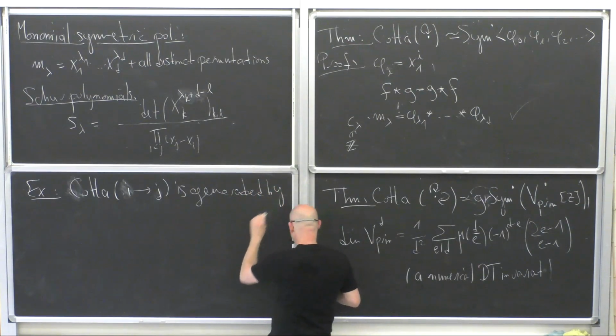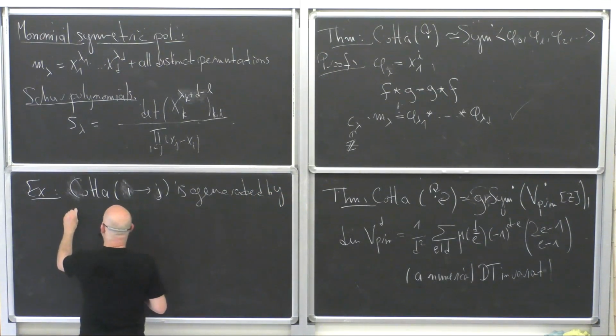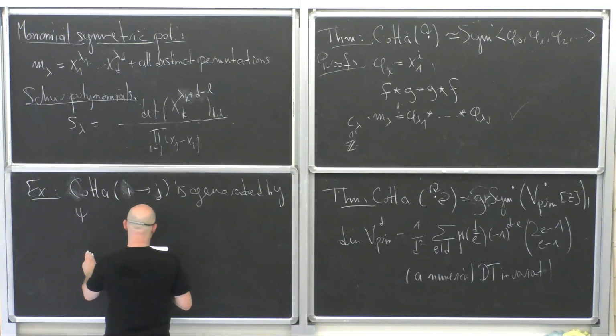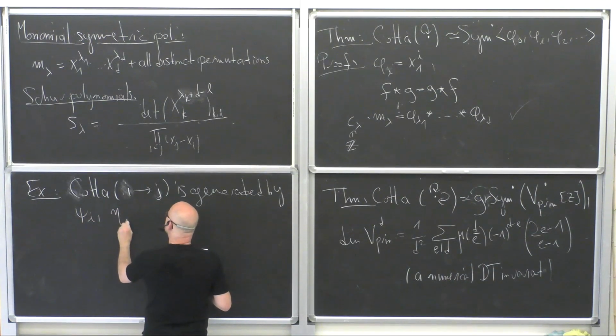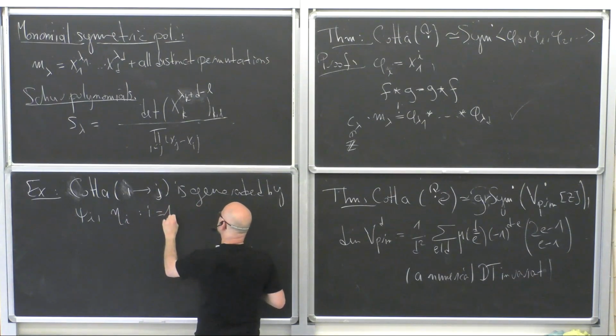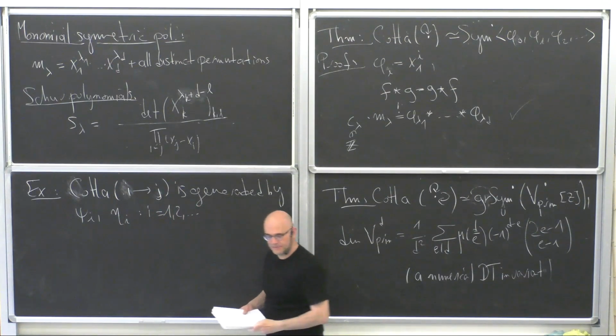Okay, so the COHA of this is generated by symbols psi k and eta k for k = 1, 2, and so on.